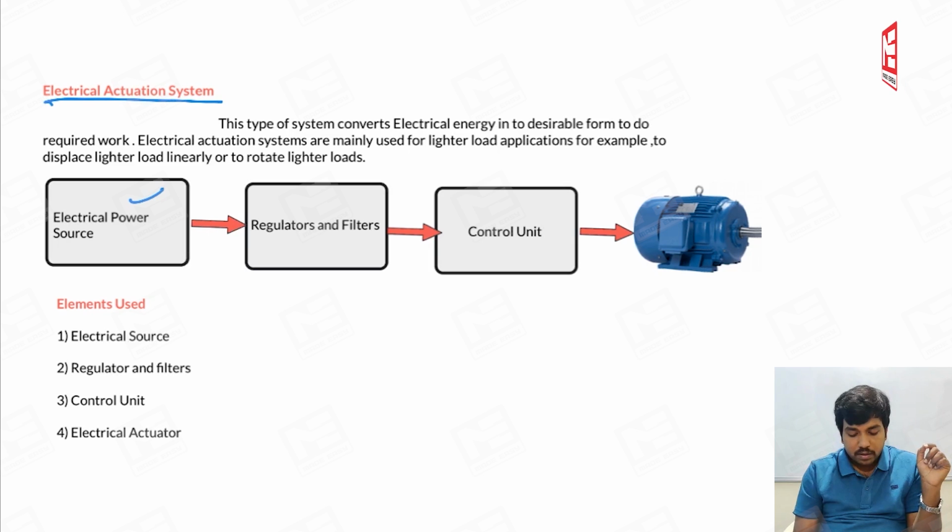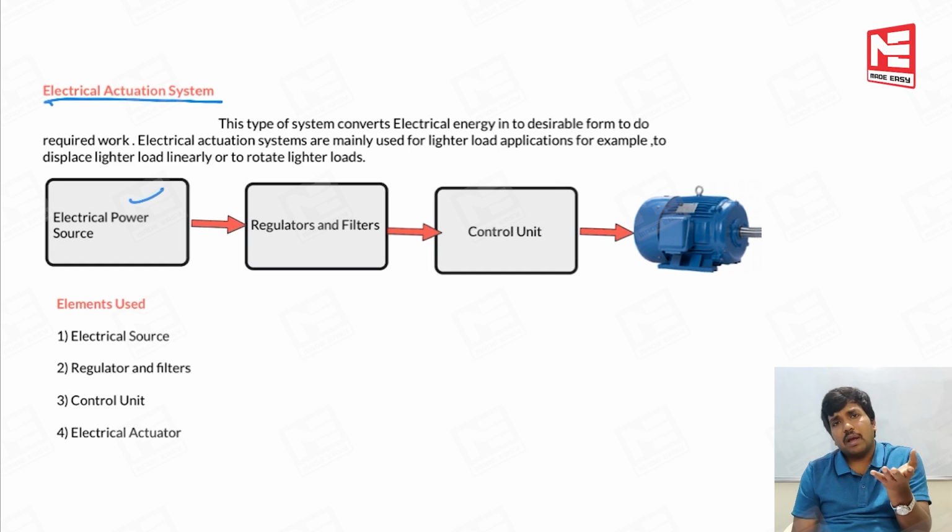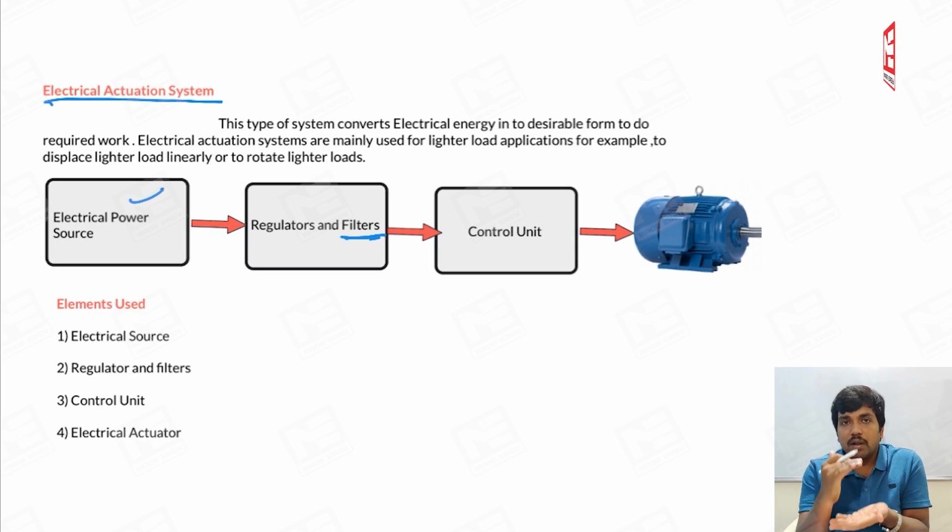And why is a regulator required? As I usually say very clearly, the demand of the load may be something like 4 milliampere current, but if the electrical power source generates 40 milliampere, then the load cannot work. So the regulator has control on the level of the voltage.